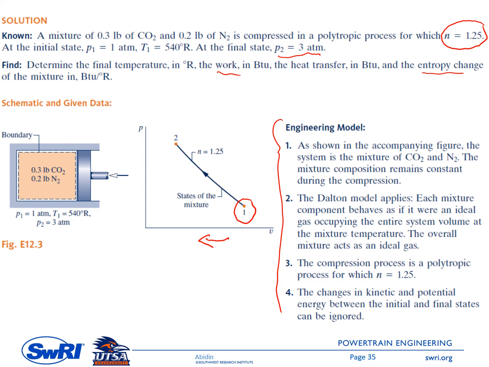And assumption 3: the compression process is a polytropic process with n equal to 1.25, and we can also ignore the impact of kinetic and potential energy change between initial and final states.